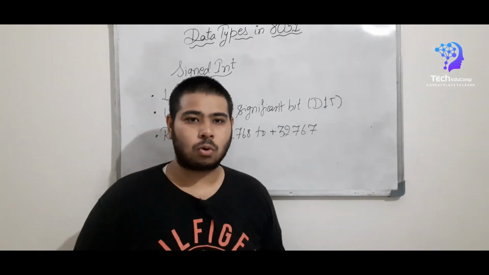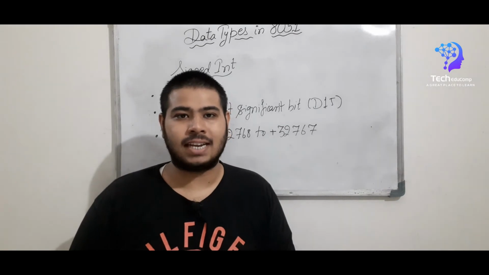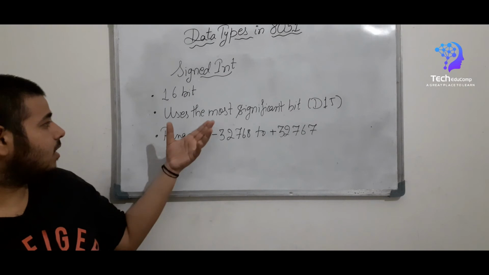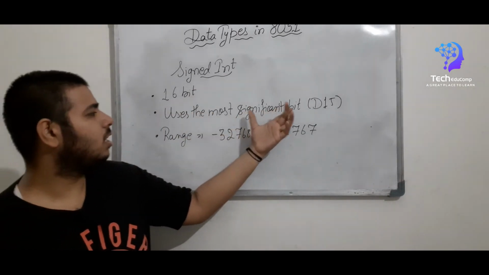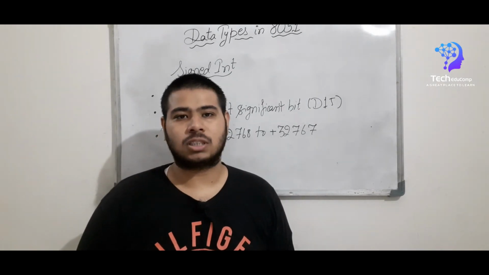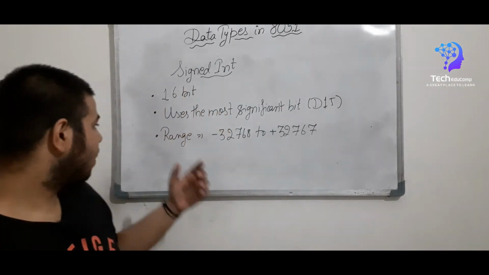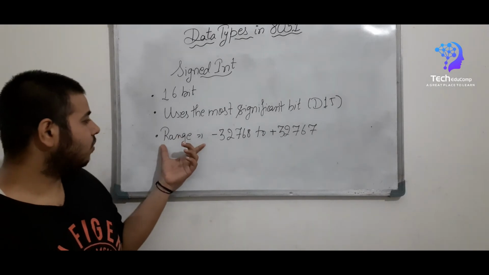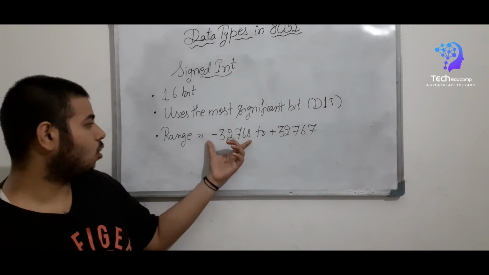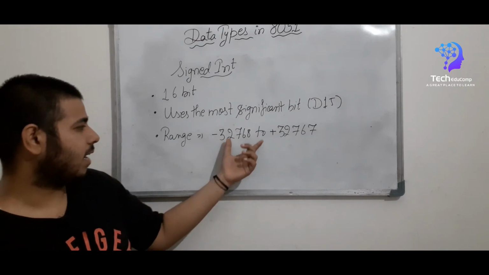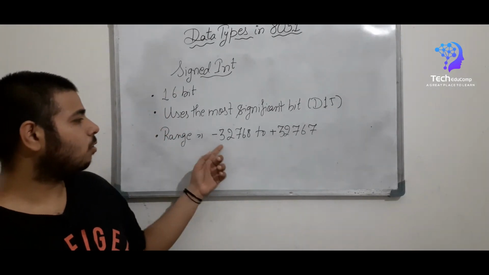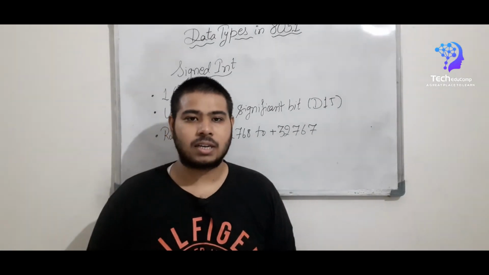As I told you earlier about the signed character, which was an 8-bit data type, this one is a 16-bit data type, and it also uses the most significant bit, that is D15, to represent positive and negative values. Because of that, we can use values in the range from minus 32,768 to plus 32,767 in our programming.